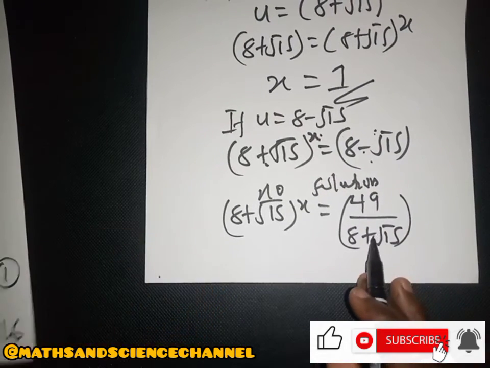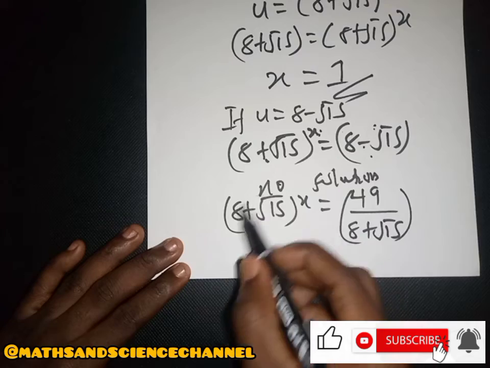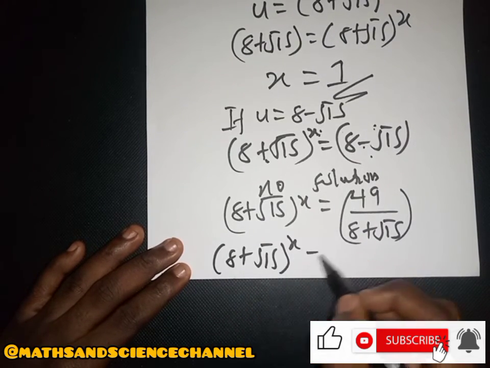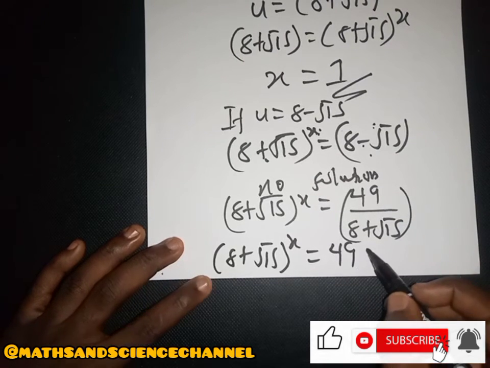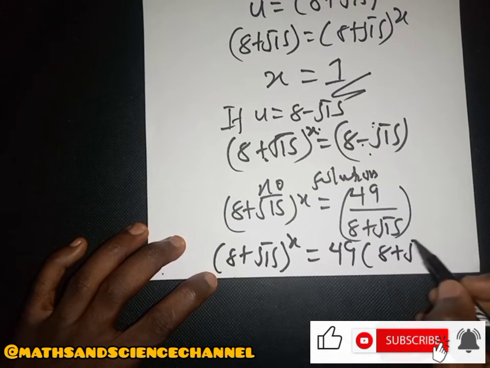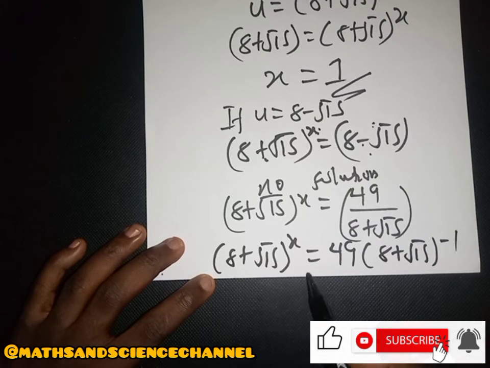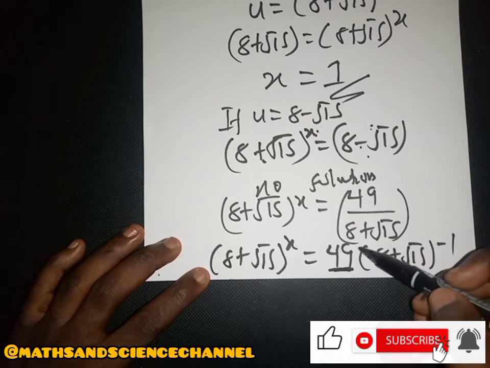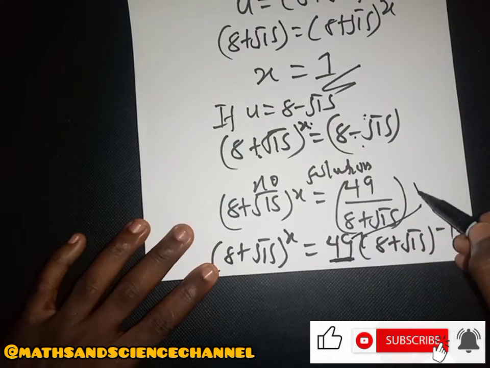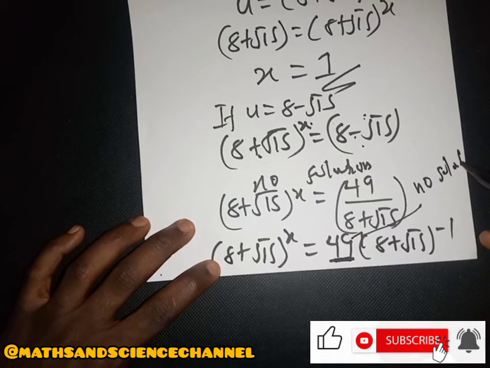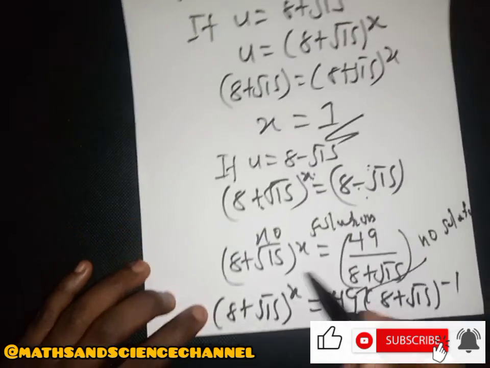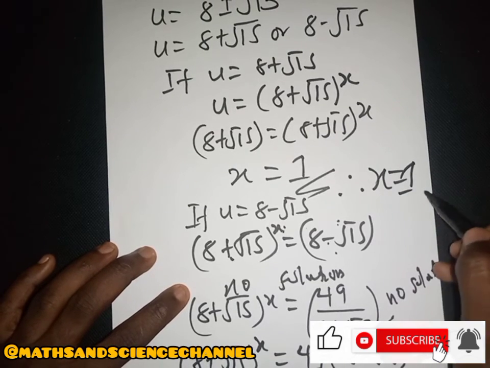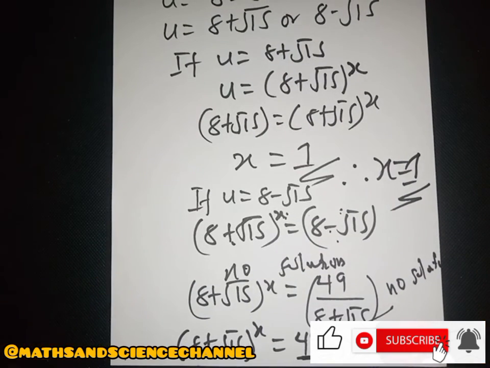So we have something like this, and therefore we can write the whole of this as 8 plus the root of 15 to the power x being equal to 49, and then when this goes up we have the root of 15 minus 1, right? But then we have 49 here. So realize that still all of this is just not going to give us any solution in this case. So therefore we can conclude that the only solution that we have is that x equals 1, which will be the only solution in this case.